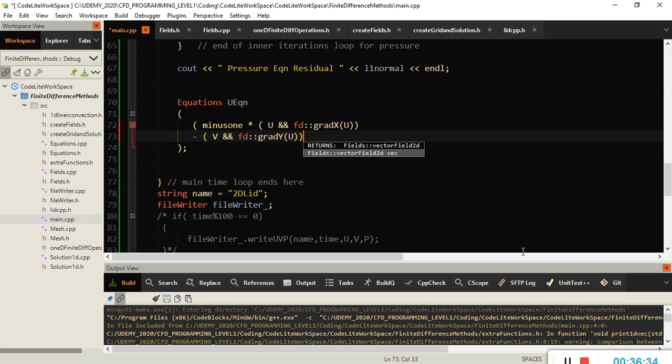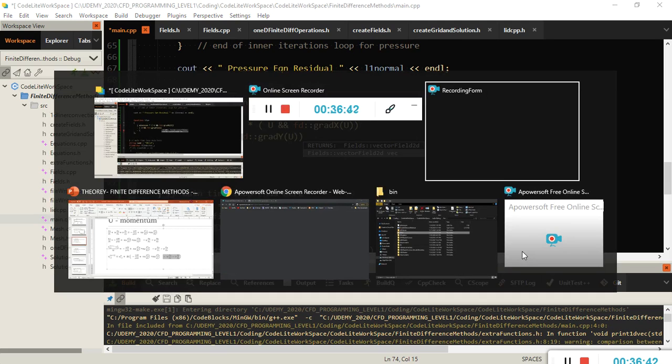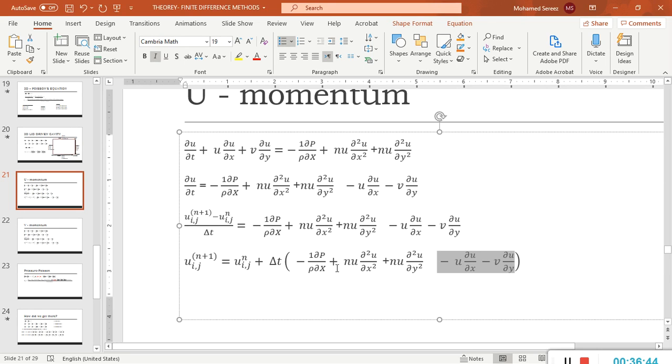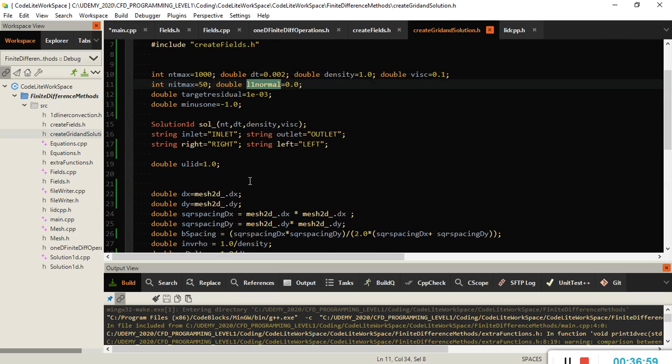So convection terms are written now, minus, so the pressure term is simply minus 1 over rho of dou p by dou x. So have we written a term for minus 1 over rho?